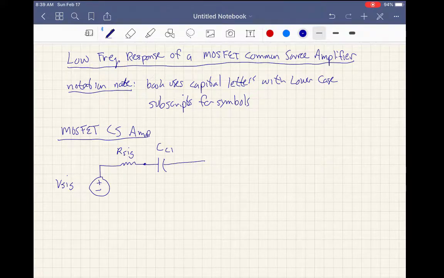We're going to voltage divider bias it, so we'll call this RG2, the gate resistance 2. That's a nomenclature the book uses. RG1 here, and here's our transistor.